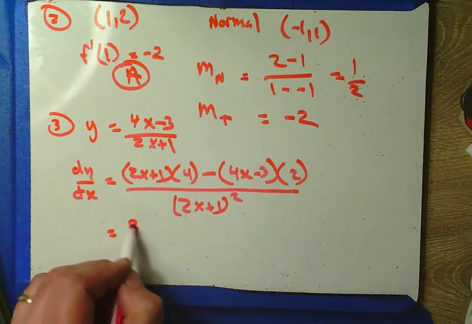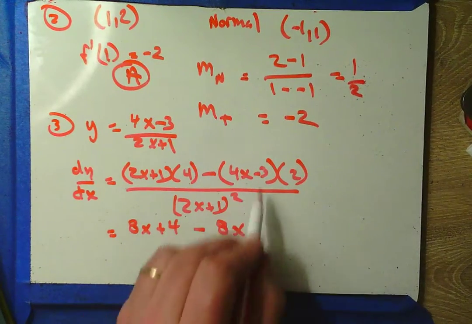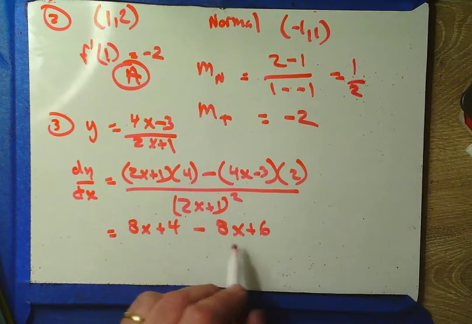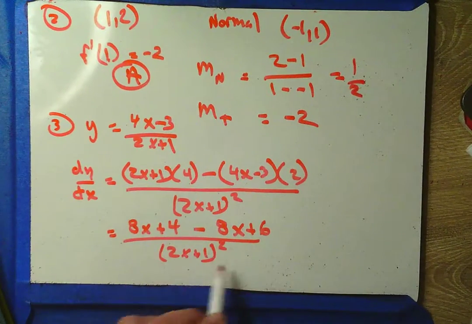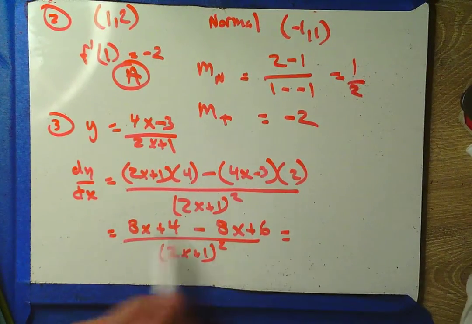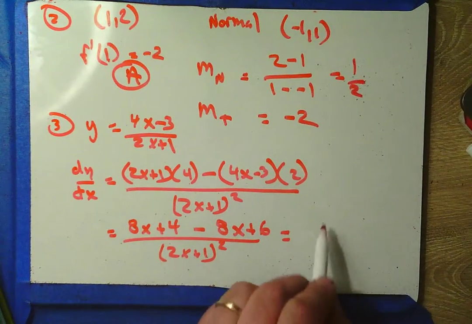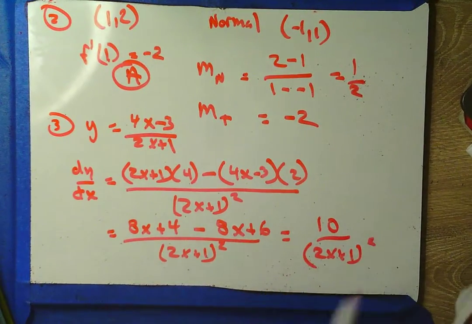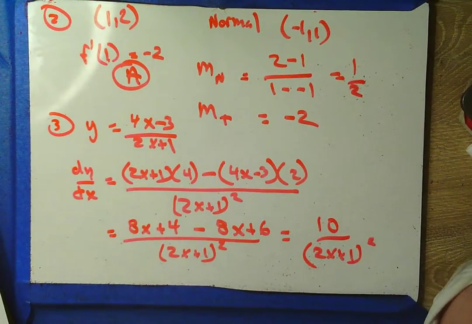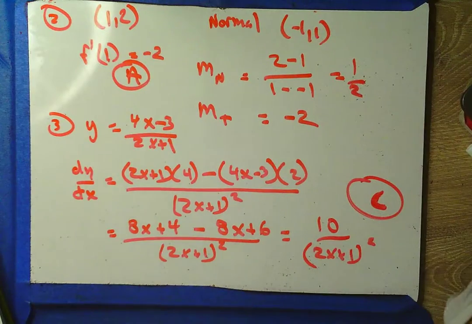I'm going to have 8x + 4 - 8x + 6 over (2x + 1) squared. The 8x's cancel. Again, that doesn't always happen. We've just seen that a couple of times recently. And so I get 10 over (2x + 1) squared, and 10 over (2x + 1) squared corresponds with choice C. Choice C for number 3.